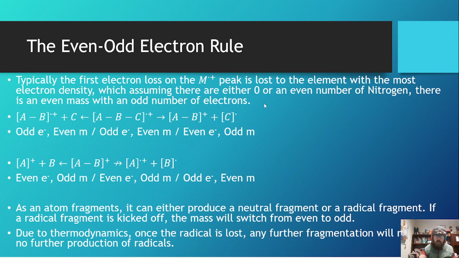I'm going to skip through this one, but there's an even-odd electron rule that says when we see a standard radical fragmentation, the new mass always switches from even to odd. Odd number, odd electron.